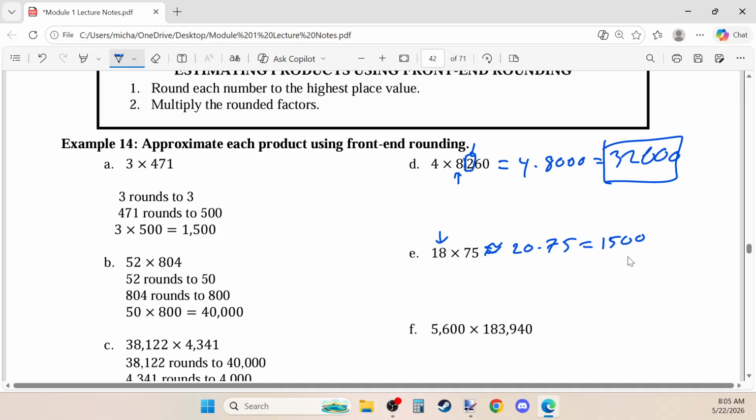That's a pretty good estimate. If I front end round both of these, I get 20 times 80. 2 times 8 is 16. I put 2 zeros at the end. So, they're close. They're not equal because they're also not exact values. These are just estimates of whatever this product is.